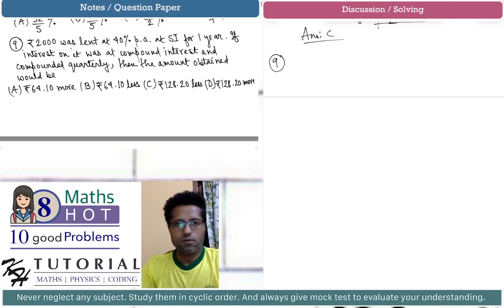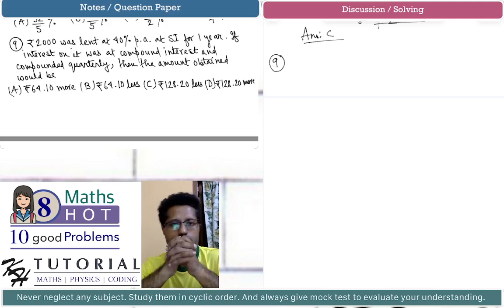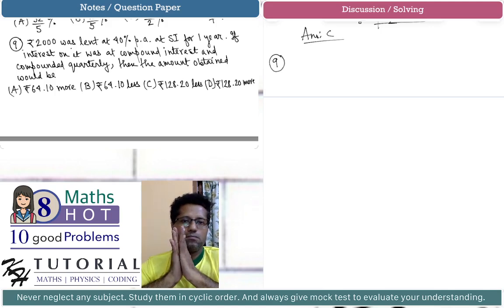From the first information, it is given that the rupees 2000 was lent at 40% per annum at SI for 1 year.